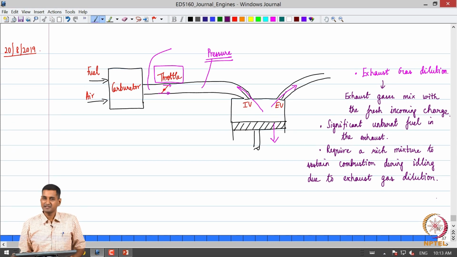That is what is called exhaust gas dilution. Is it clear? Those are the three regions: the idling range, the cruising range and the power range. And we have a qualitative map with respect to the mixture expectations as far as throttle opening is concerned.